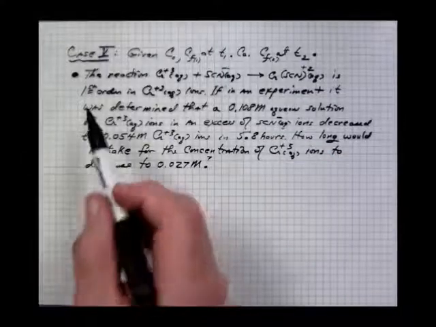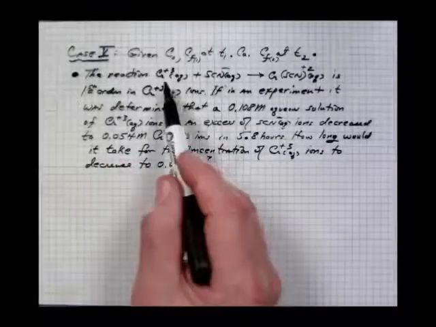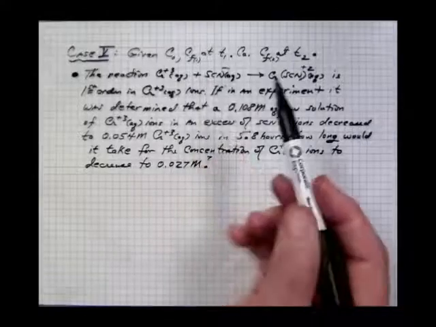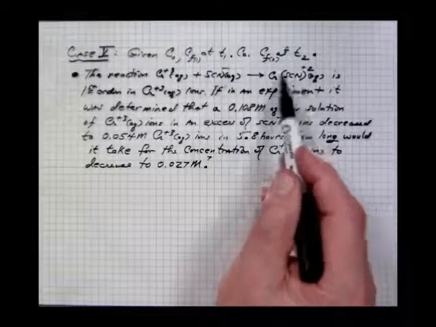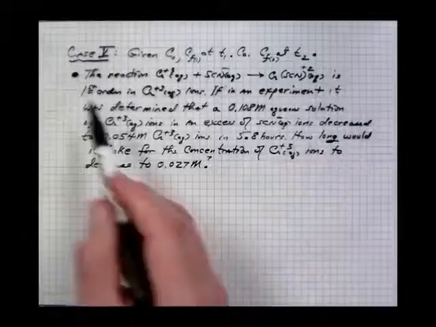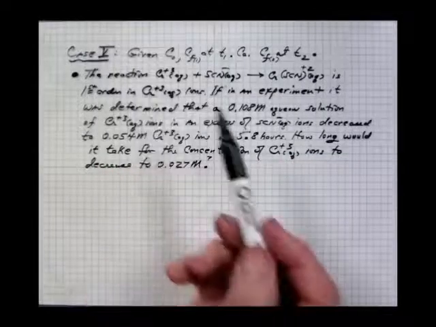Now, here's an example. The reaction of chrome ions plus thiocyanate ions produces the chrome thiocyanate complex as shown here. It is first order in the chrome ions.